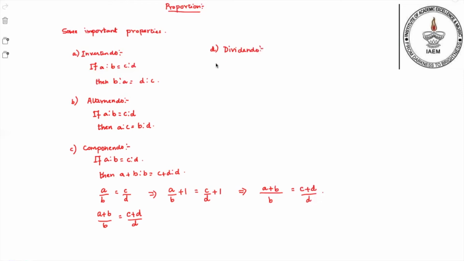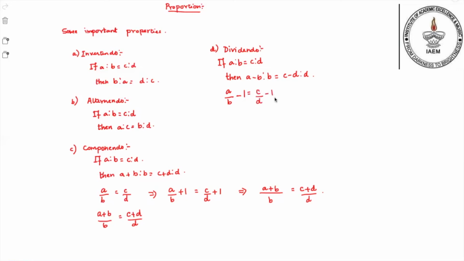Dividendo, which says if A is to B equals C is to D, then A minus B is to B equals C minus D is to D. Again, if we have to show how we arrive at this, A by B minus 1 equals C by D minus 1.